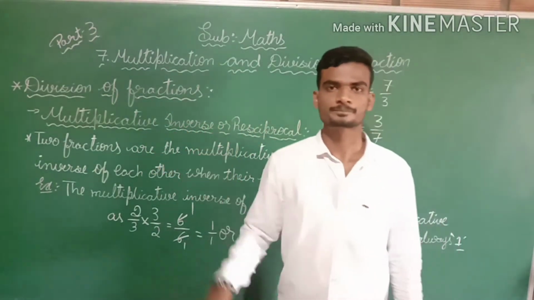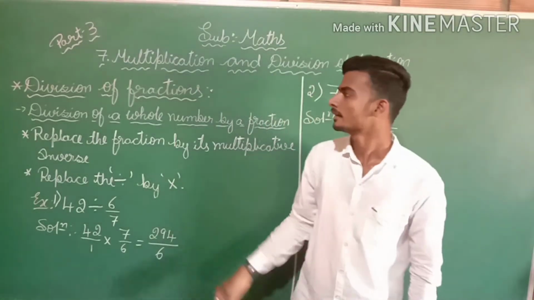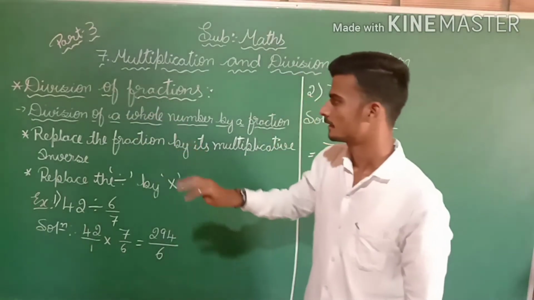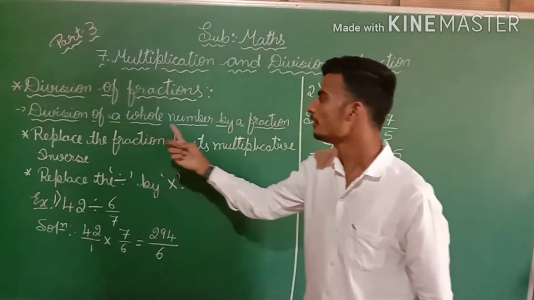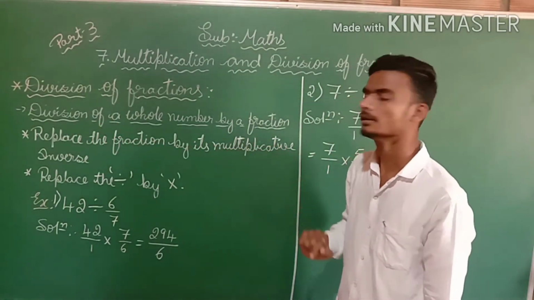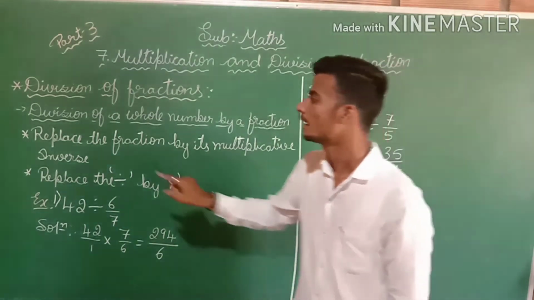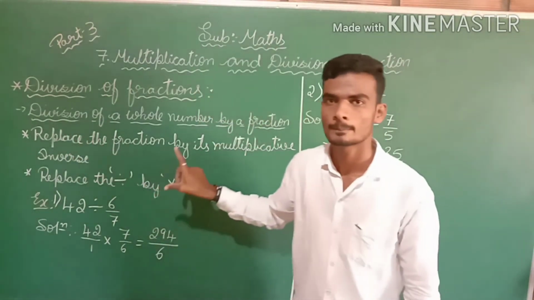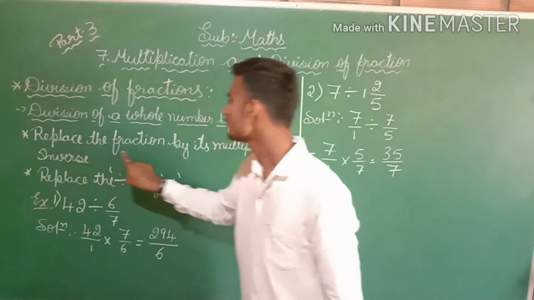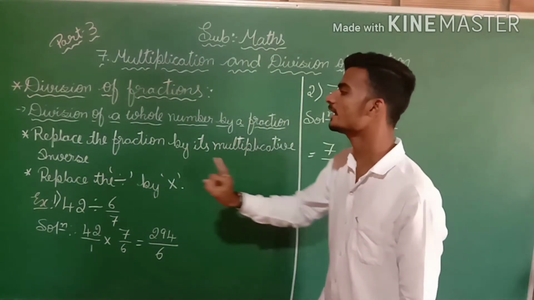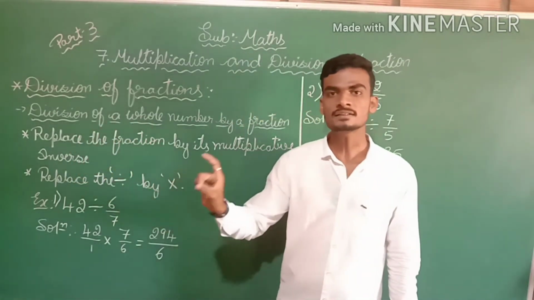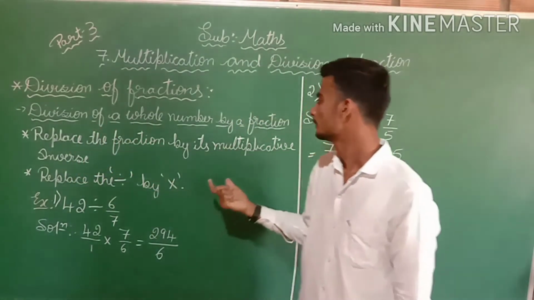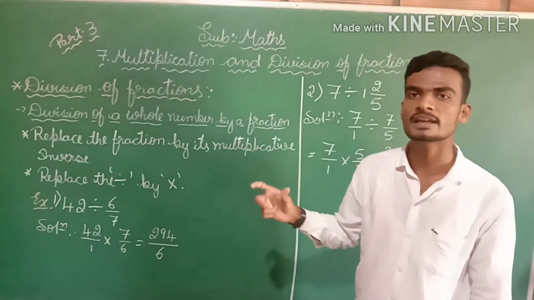reciprocal. Okay, dear students, in this division of fractions we will see one more topic, that is division of a whole number by a fraction. Okay, how to solve the problems here? Replace the fraction by its multiplicative inverse. Okay, for the given fraction we have to make its multiplicative inverse.